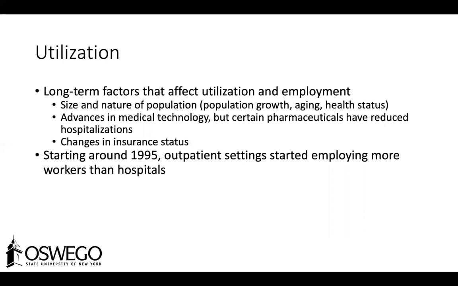Advances in medical technology and pharmaceuticals have all worked to reduce over-hospitalization, and we've seen a trend towards moving to outpatient settings and a reduction in hospital admissions. That doesn't mean there are not still a lot of operational patient flow issues, and we still need to be looking at population trends, especially as we know we've got a lot of baby boomers who are growing older and are going to have higher utilization rates.